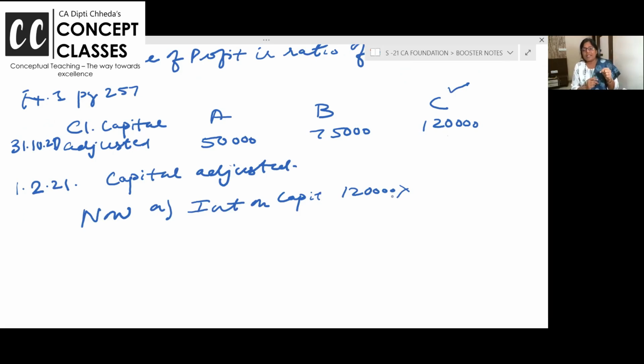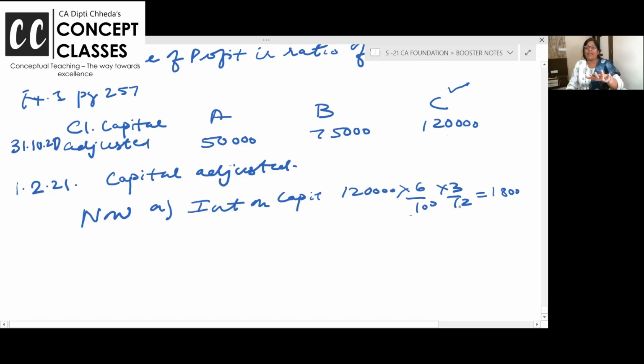You have settled the account on 1st February. So 120 into 6% into 3 by 12, you pay him interest. बोलो clear है या नहीं?